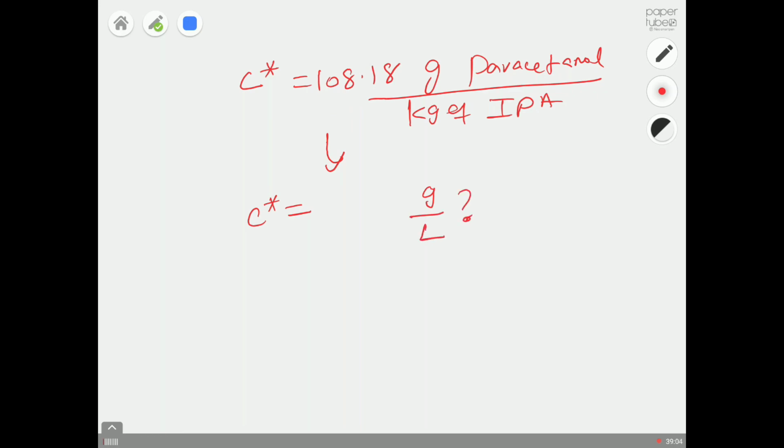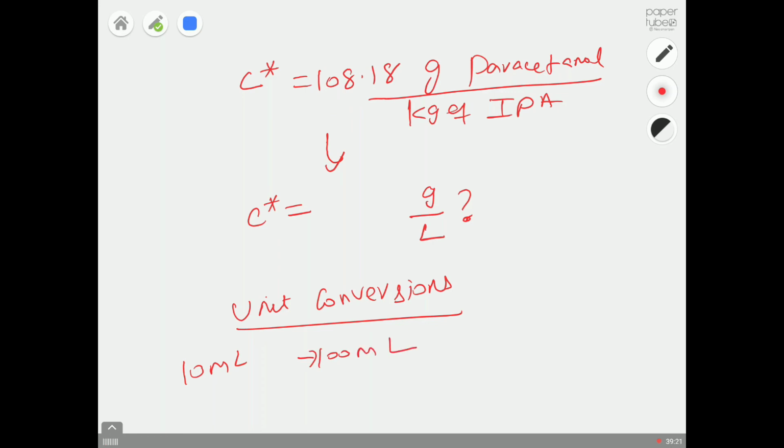So what you are going to learn now is unit conversions. In crystallization, this is very important because in industry, sometimes they do it in a 10 ml reactor, sometimes in a 100 ml reactor, before they think to use the industrial scale reactor. They will do a lot of preliminary experiments. Crystallization is a really stochastic process, and a lot of things need to be optimized.